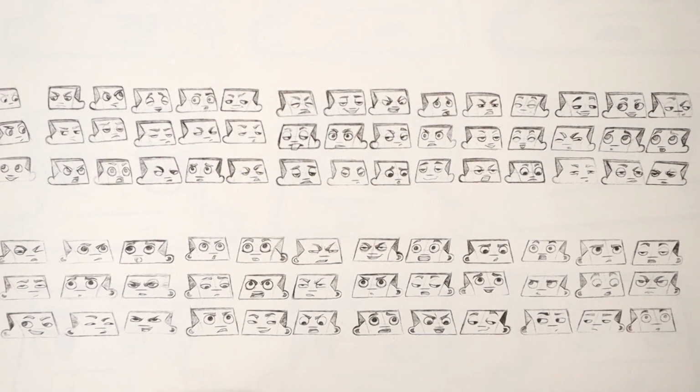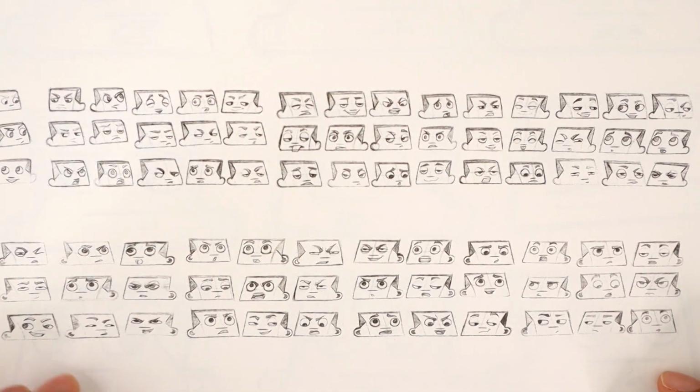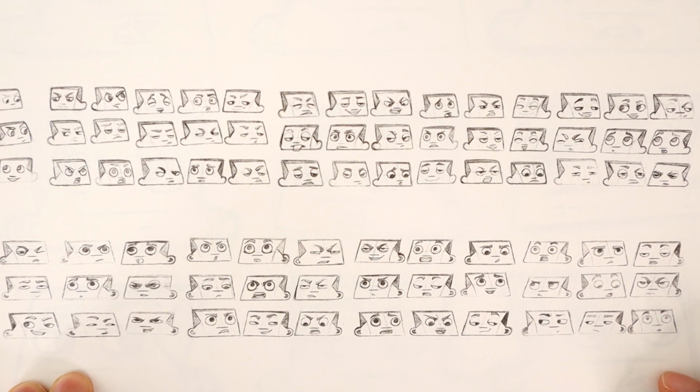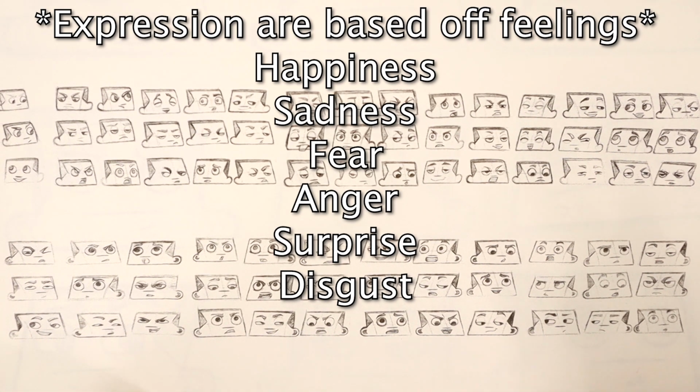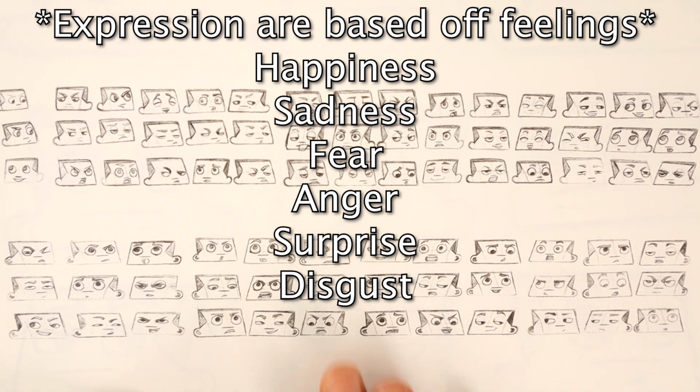Now, expressions are based off of our emotions or feelings, and the main ones are happiness, sadness, fear, anger, surprise, and disgust. And from these emotions, we can make more complex emotions, or even more varieties or permutations of them. Say, curiosity.